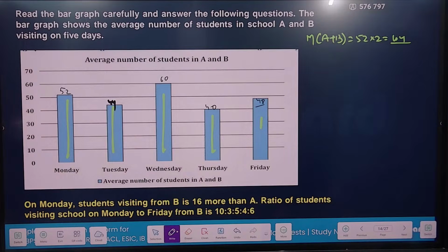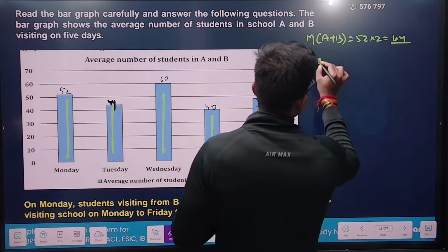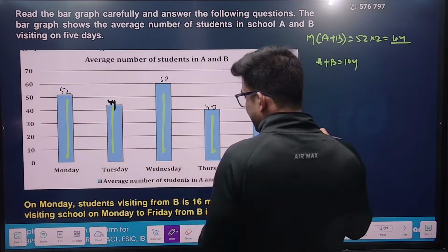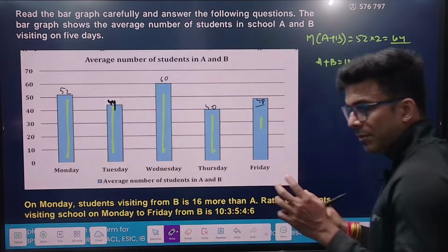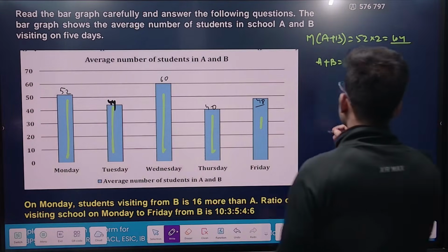Can I use this right now? So from here, I can say A plus B is basically 104. But the statement says that B is 16 more than A.